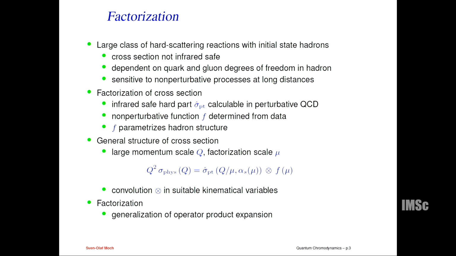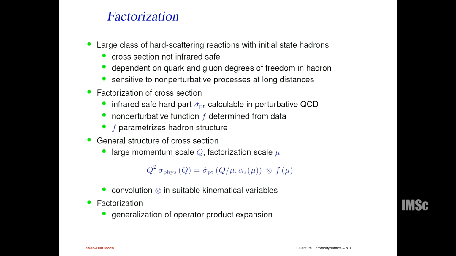This is something that experimentalists can measure, and in theory we want to describe it by computing this object as a convolution of two parts, in suitable kinematical variables. I can detail this later, but think of it just as a convolutional product.